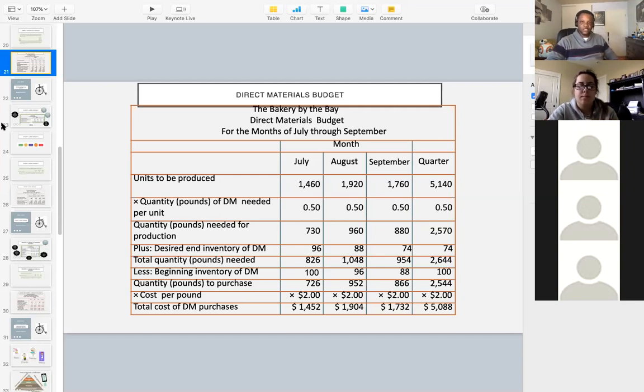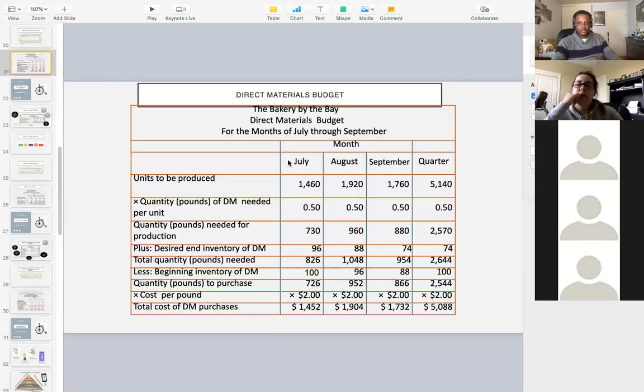Let's see. Other questions? I have a question. Yes, the screen has disappeared. Oh yeah, I made it disappear. I don't know how to get the beginning inventory of the quarter. Why is the amount going to be 100?